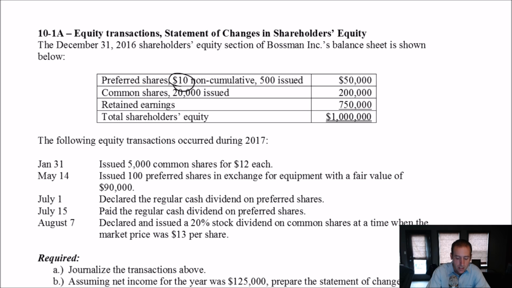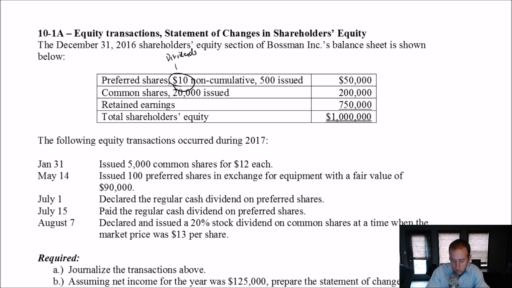That is the dividend amount of the share. So just keep in mind that if you own one preferred share, you get a $10 annual dividend. The fact that it's non-cumulative isn't going to be relevant in this question, but a cumulative preferred share means if they miss the dividend one year, they have to pay you last year and this year. They have to catch up if they miss a year.